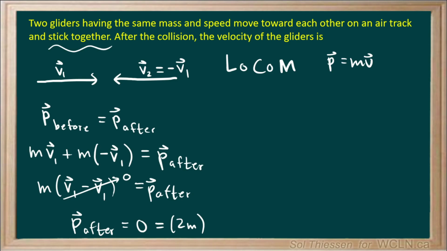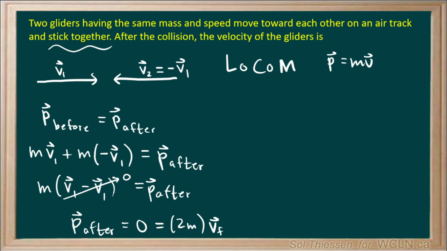So they'll be moving as one unit, and they will have some velocity, which we'll call velocity with a subscript f for velocity after the collision. Now, in order for this equation to be true, 0 equals 2m times final velocity, one of two things must also be true. Either the mass must be 0, which we know is not the case, or the final velocity must be 0. And that is the correct assumption here.